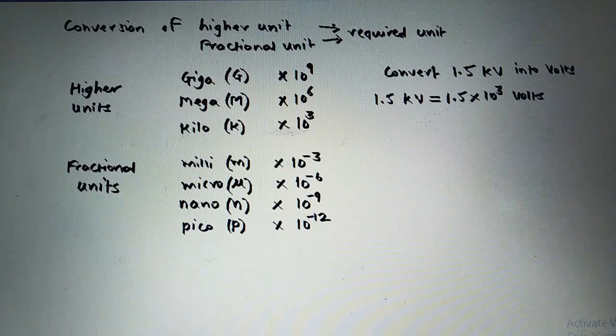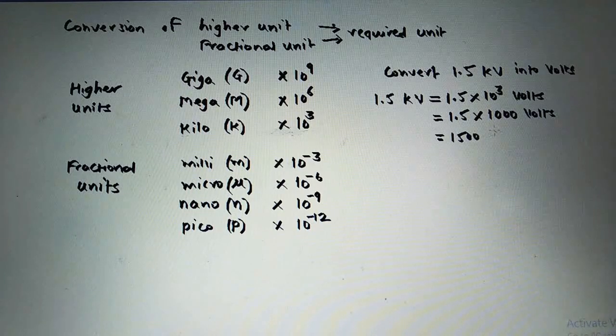Now 1.5 into 10 raised to 3 means 1.5 into 1000, since 10 raised to 3 means 1000. So 1.5 into 1000 is 1500 volts.